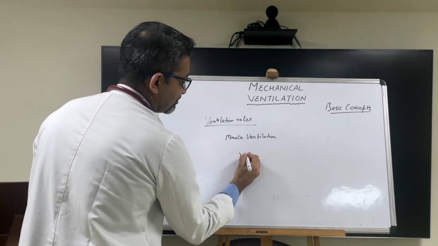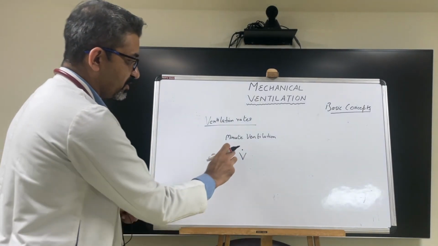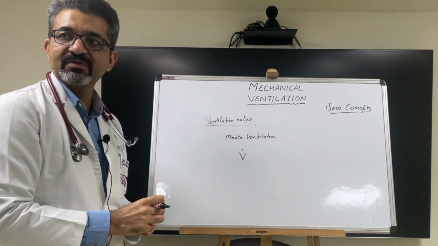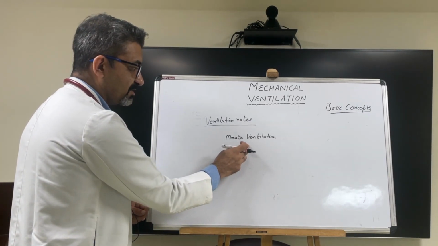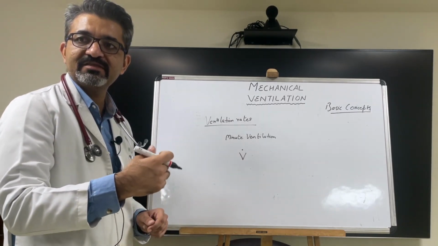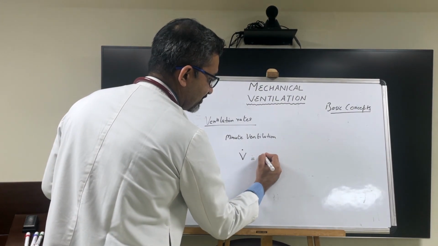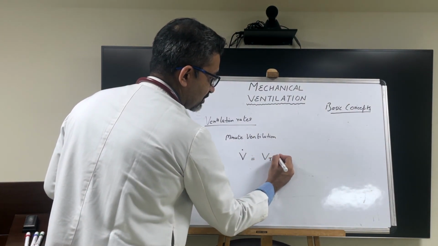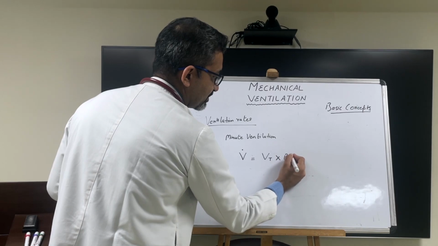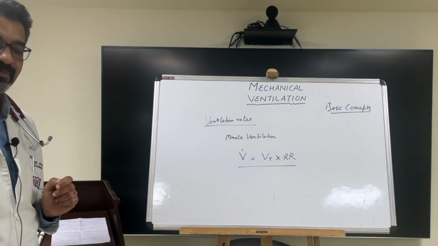It is denoted by a symbol V with a dot above it. When we put a dot over a symbol, it means it is denoting the change of that variable with time, or a rate of change, right? So this is your minute ventilation. Minute ventilation is tidal volume into your respiratory rate.